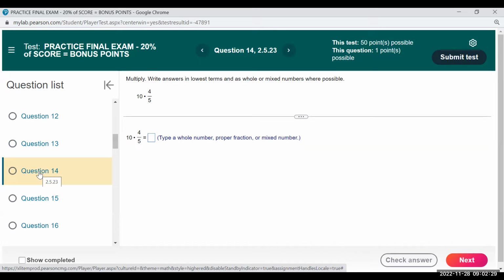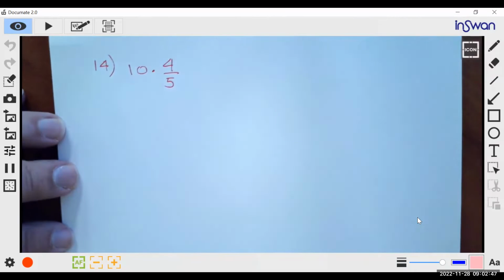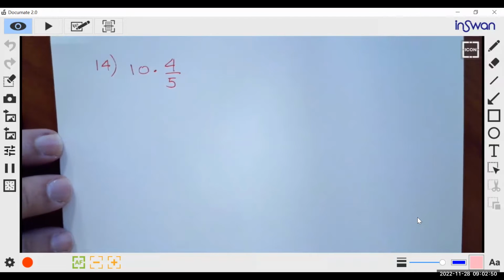Write the answer in its lowest terms, or as a mixed number wherever possible. 10 times 4 over 5. Are you multiplying fractions?